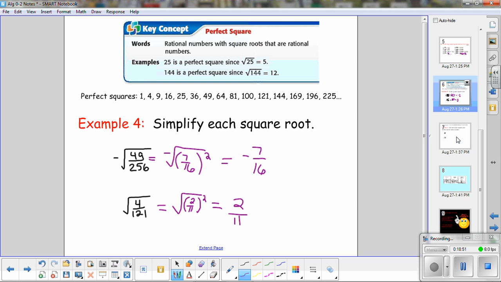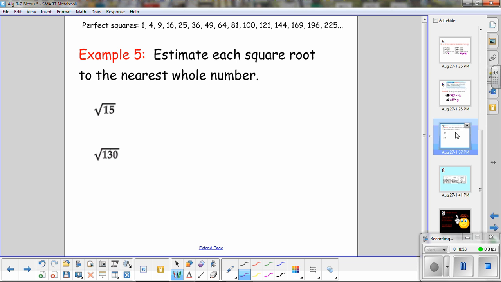Now the very last thing we're going to do is estimate square roots. Sometimes, like I said earlier, when you take the square root of a number, it gives you this big, long, ugly number, an irrational number. And what we're going to do instead is just estimate to the nearest whole number what it's closest to. So if I see something like the square root of 15, 15 falls right here between the 9 and the 16.